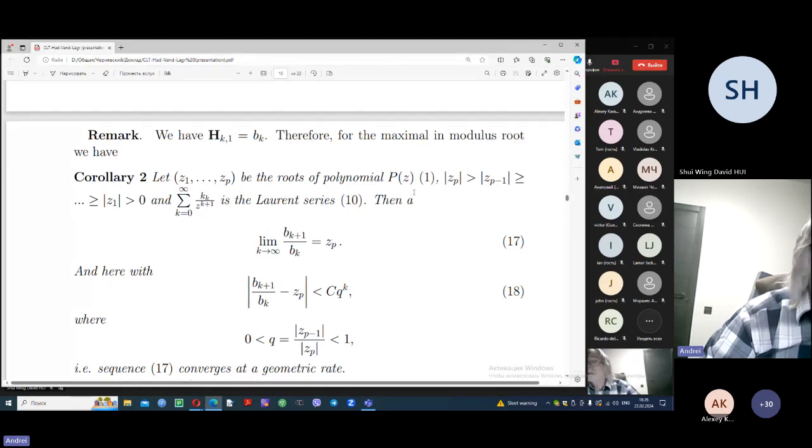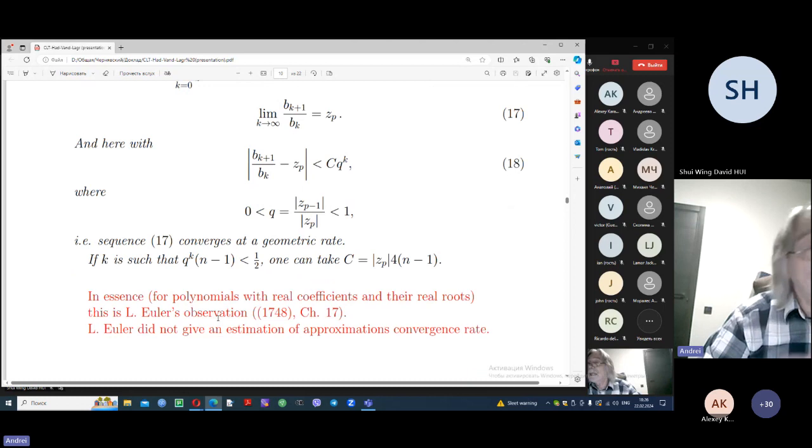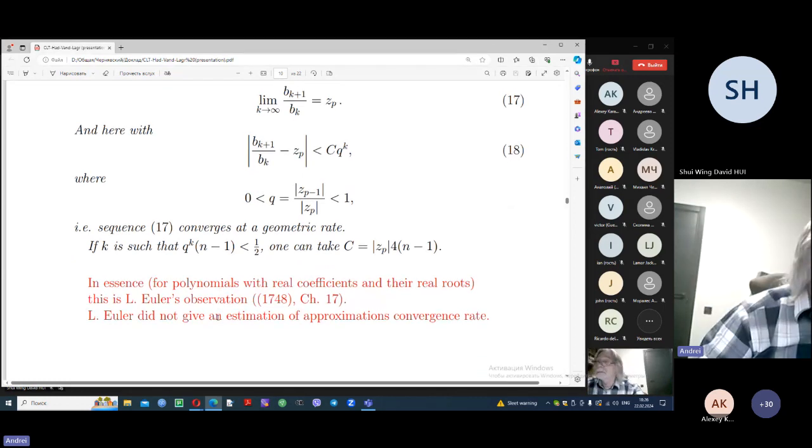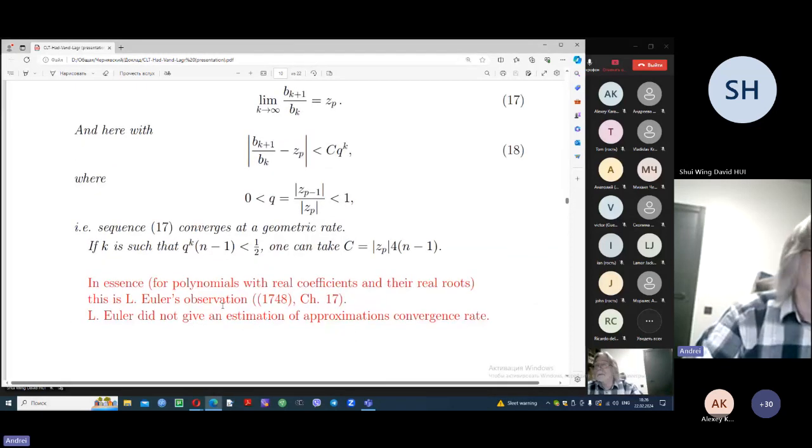Once the greatest root is a single one in modulus, then we can calculate it by means of this ratio, where the convergence is geometric. And again, I would like to mention that we have to consider namely this statement as Euler's observation. Okay, that's it.